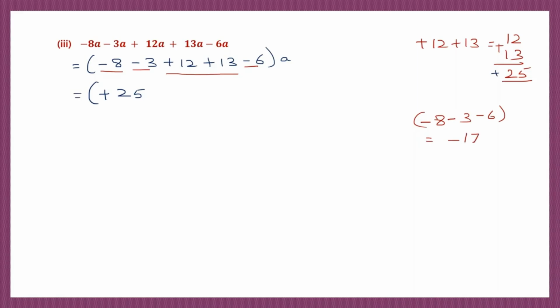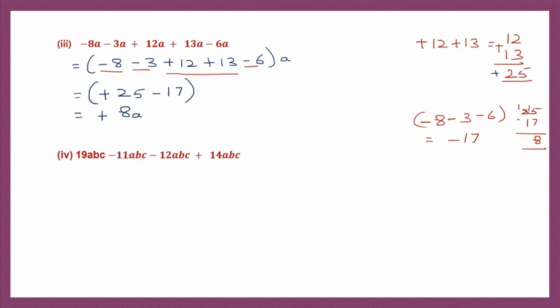So we've got minus 17. Now plus 25 minus 17, signs are different. So we put the sign of the bigger number, that is plus, and subtract. 25 minus 17, 15 minus 7 is 8. So here our answer is 8A.